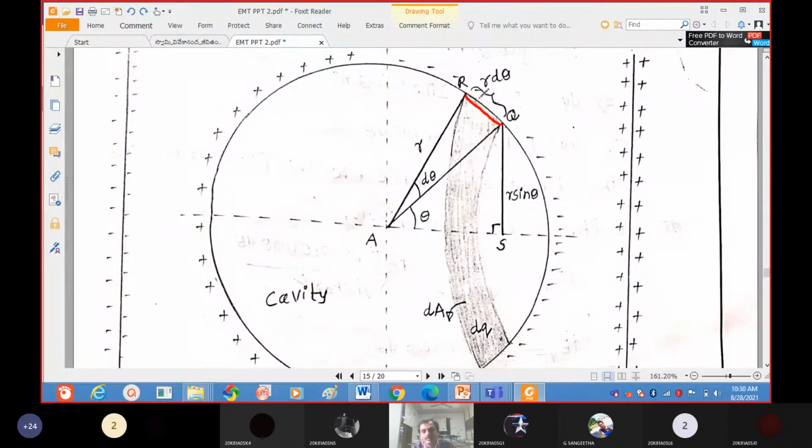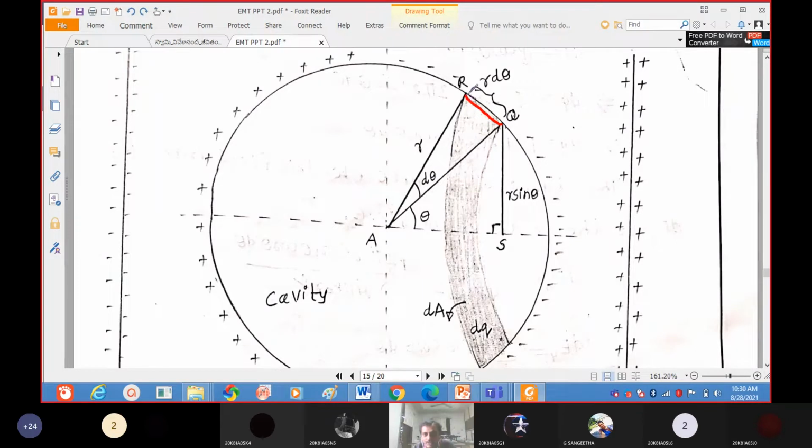Now, what is the thickness of this area? Let us take, from the center, from this point A, that area having radius r makes an angle d theta.